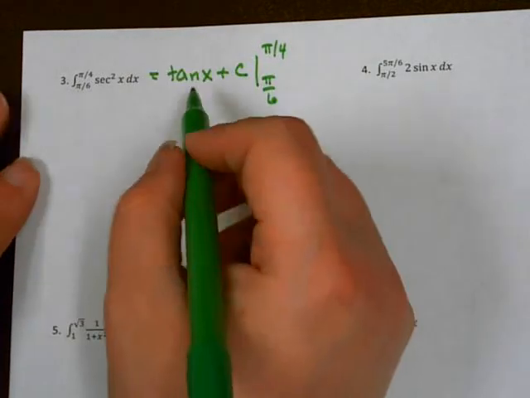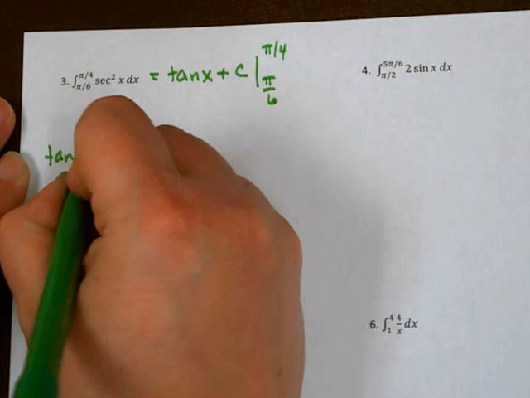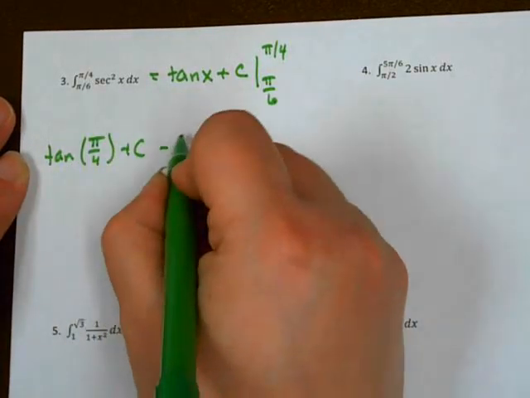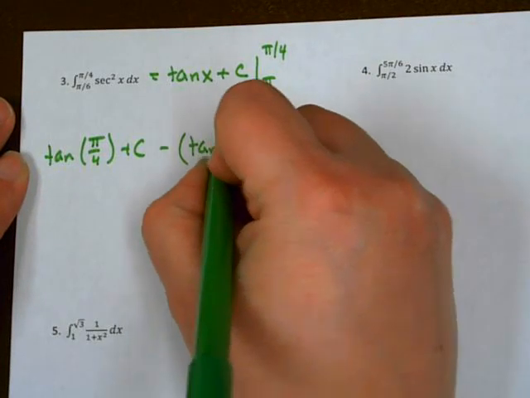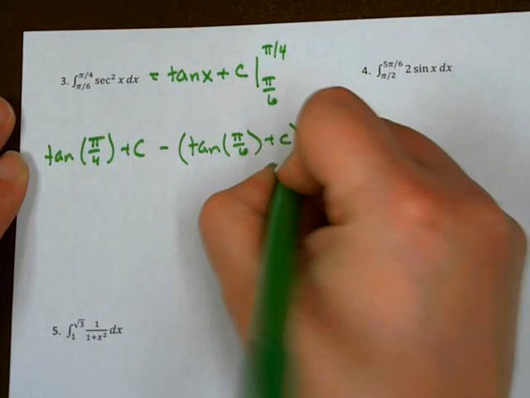All right, now let's evaluate our upper bound, tangent pi over 4 plus c, minus, we're going to evaluate at our lower bound, so the tangent of pi over 6, and then plus c.